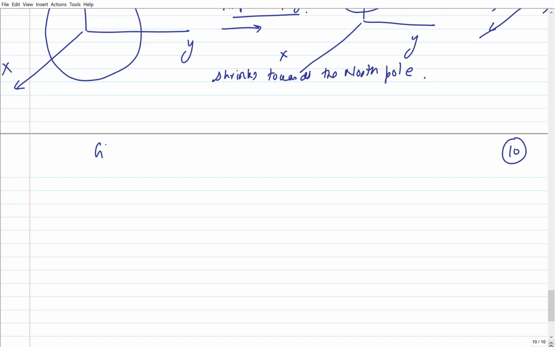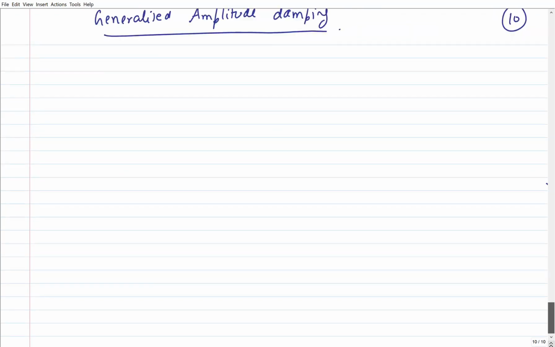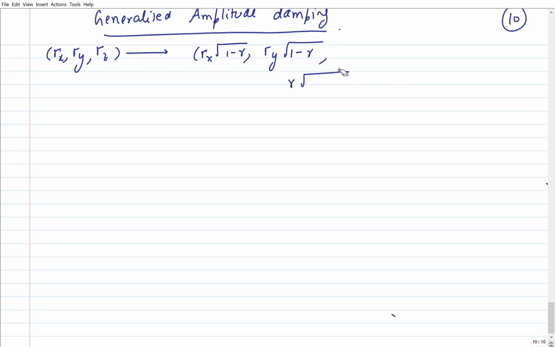What about the generalized amplitude damping? Well, it has two factors. It has got a P and a gamma.